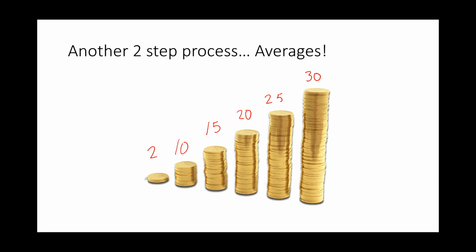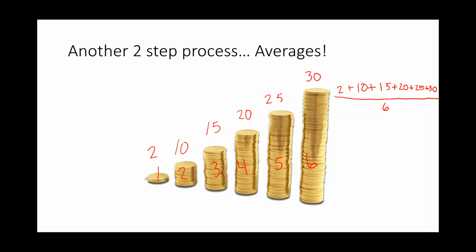So if I add them all together, I'll have 2 plus 10 plus 15 plus 20 plus 25, I'm running out of room, plus 30. Then I'm going to divide all of it by the number of stacks. So I have 1, 2, 3, 4, 5, 6 stacks. I'm going to do it in 2 steps on my calculator. The first thing I'm going to do is add up everything on the top together.